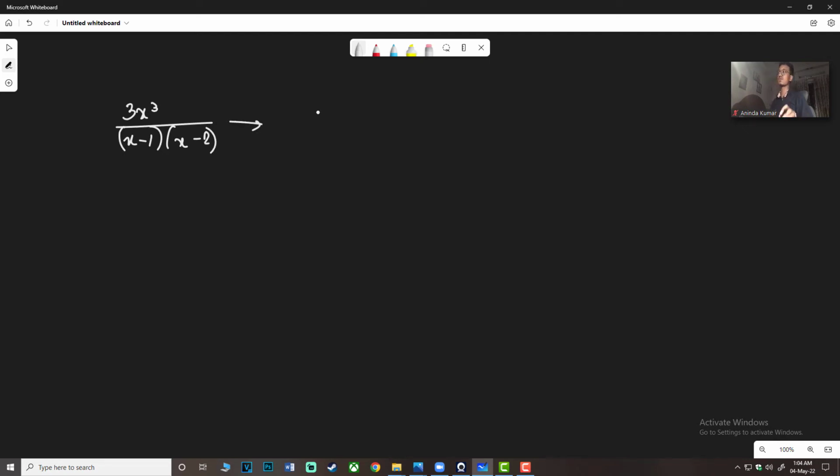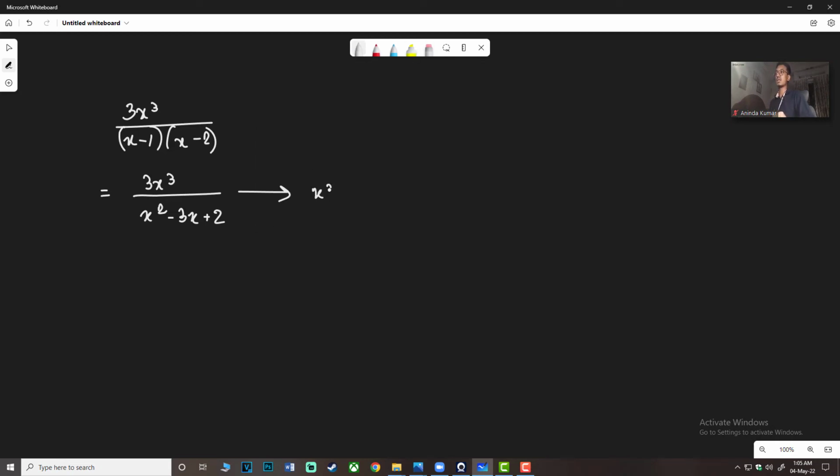So first of all, since we have to do the long division, we can't divide by x minus 1, x minus 2 separately. We have to convert this into one single expression. So 3x cube, we have x square minus 3x plus 2. Okay, we have it. So now we do long division on this fraction, not on this fraction. Long division over here.